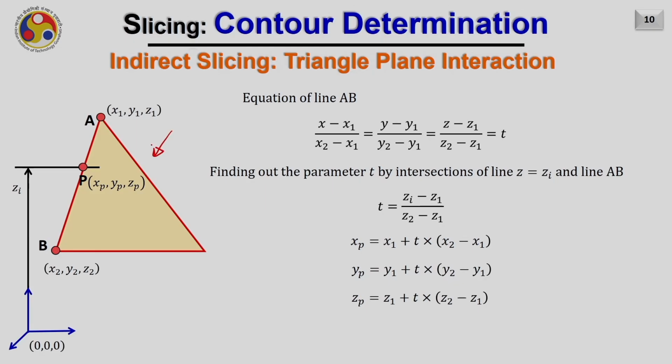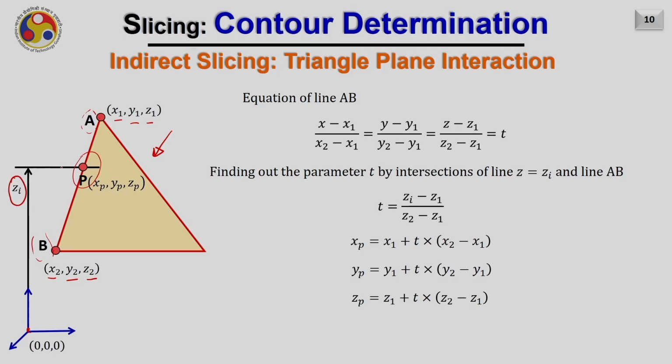So let us consider a triangle in which there is a line AB having vertices with coordinates x1, y1, z1 and x2, y2, z2. Now there is a plane at a height zi from 0, 0, 0 and it is intersecting with the line AB at point P.